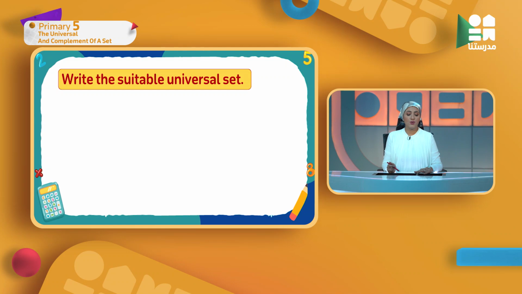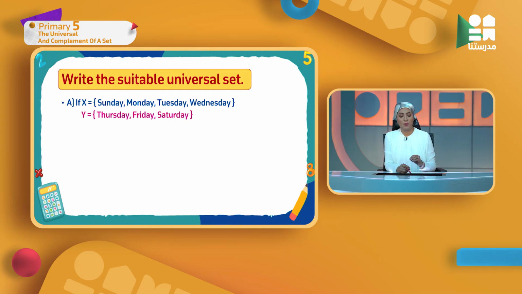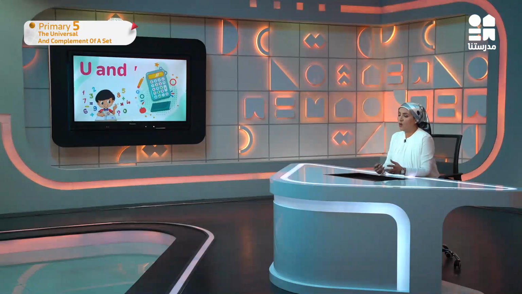Now, let's write the suitable universal set for each. Letter A: if X equals the set of elements Sunday, Monday, Tuesday, and Wednesday, and Y equals the set of elements Thursday, Friday, and Saturday. As you see, X and Y this time consist of days of the week.